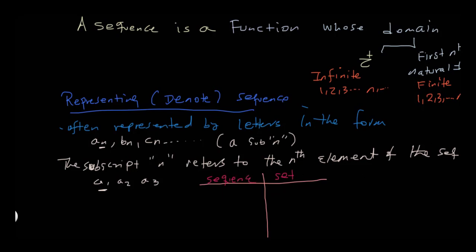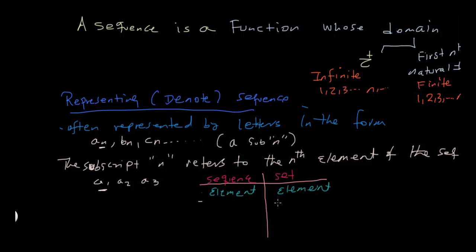Both of them have elements, which are members of the set or members of the sequence. In this case we also have elements, but there is a big difference. For example, the number of elements is called the length of the sequence.